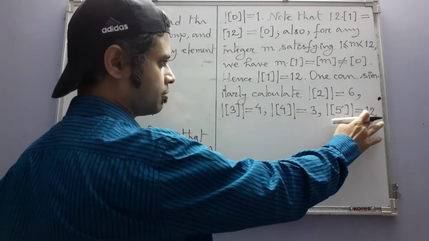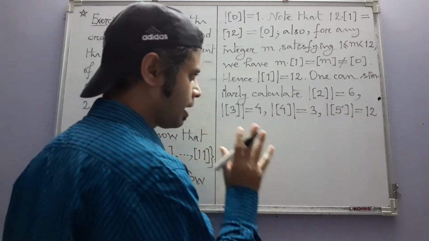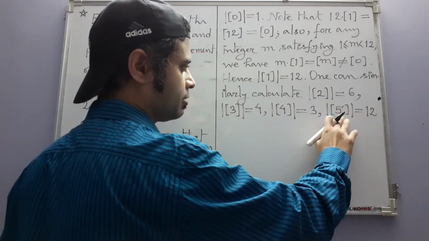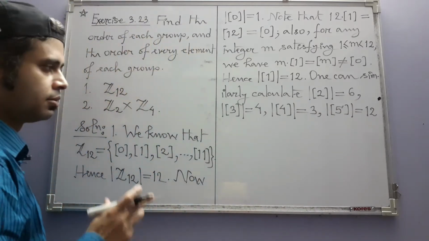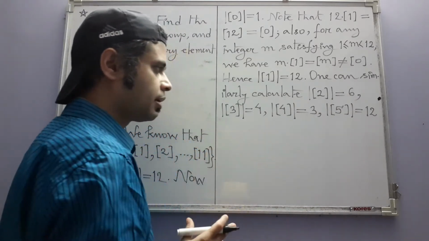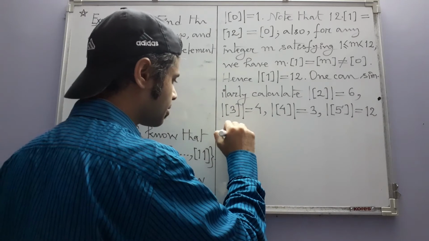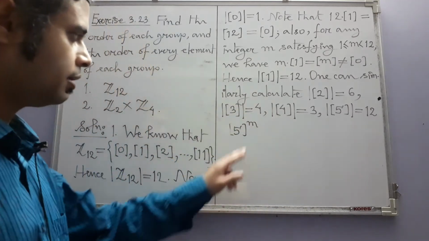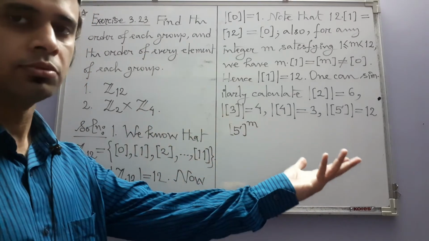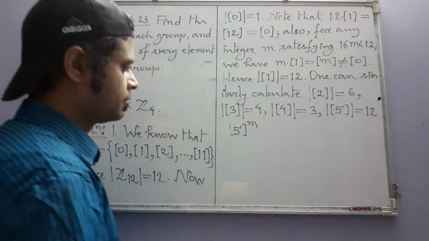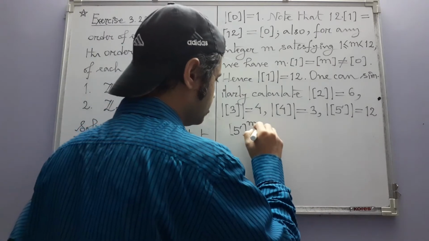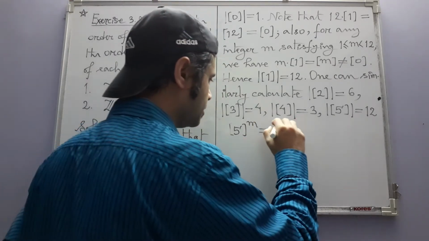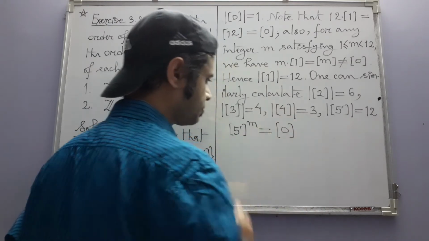Now, one can in fact guess this order by arguing like this. For example, how does one know that this order is 12? Does one have to go through all these powers as you vary m from 1 through 12? Actually, that is not needed. You want a positive integer m for which this happens, no?